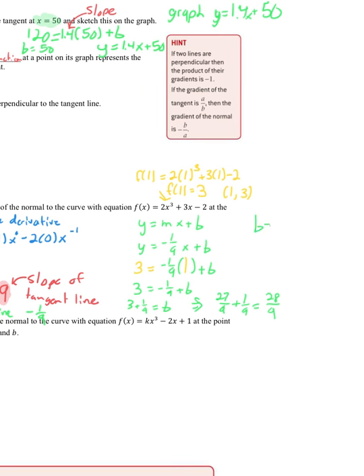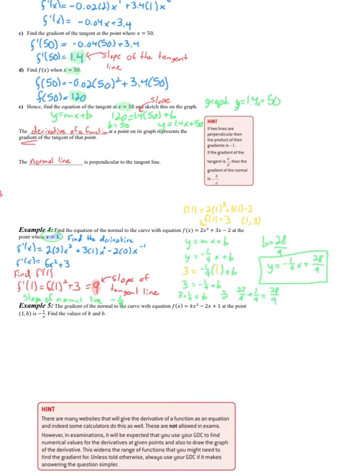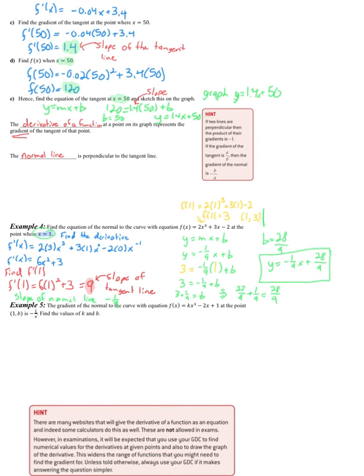So b equals 28/9, and now I can write my equation. Negative 1/9 x plus 28/9. There's my equation of the normal line that goes through the point 1, 3.